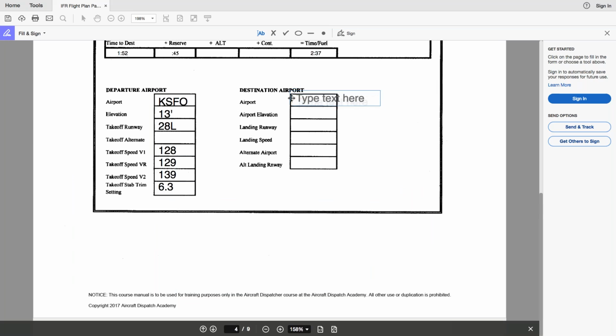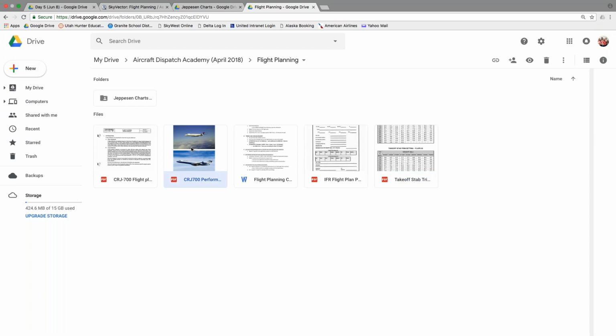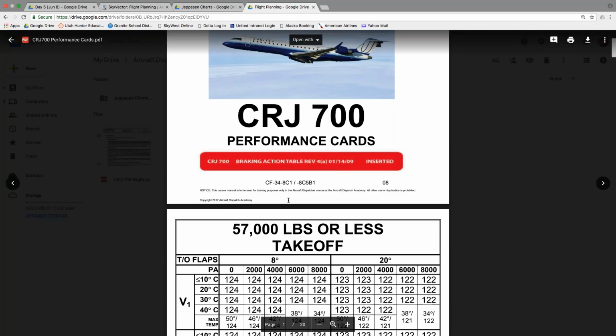Alrighty, destination. Okay, GPI. Airport elevation was 2977. Landing runway 2. Landing speed. So we use the same exact charts with the airplane on the front.